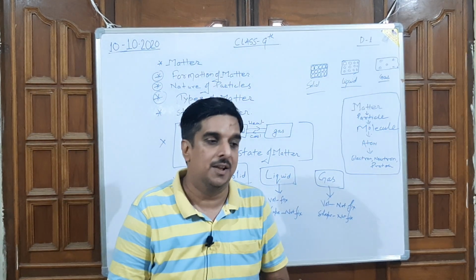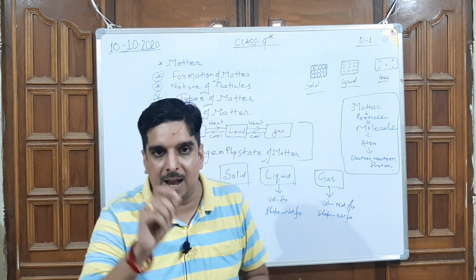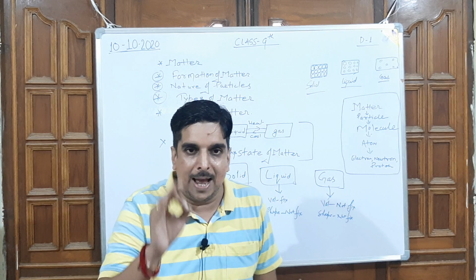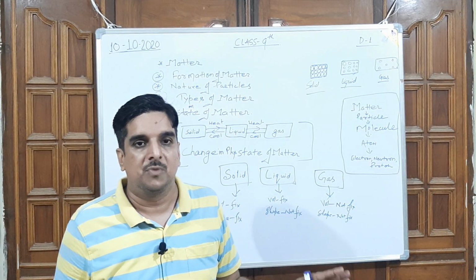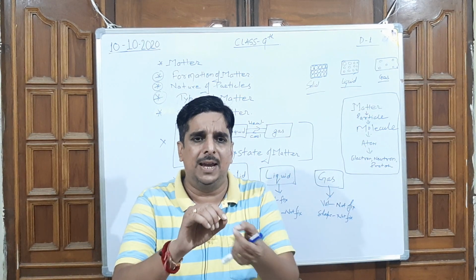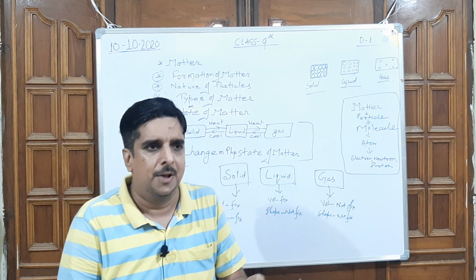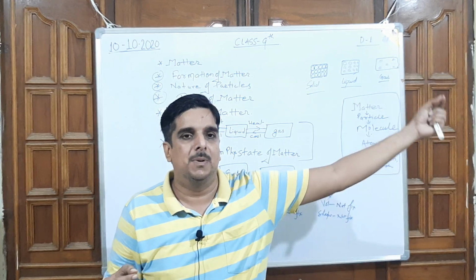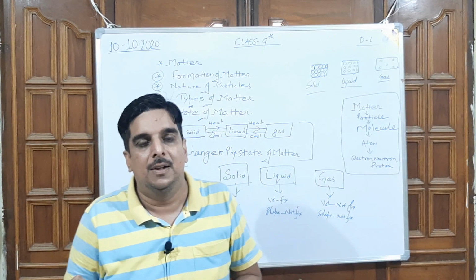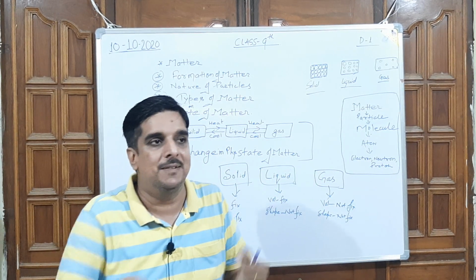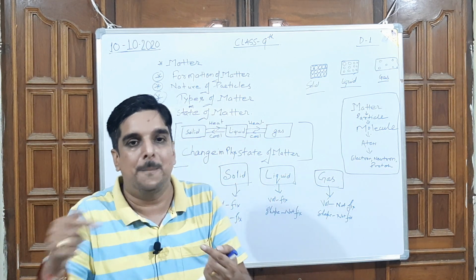In gas, volume is also not fixed, shape is also not fixed. Why? Because if we burn an agarbatti or any such thing in the next room, we get the smell in our room. It means it spreads from one place to another.